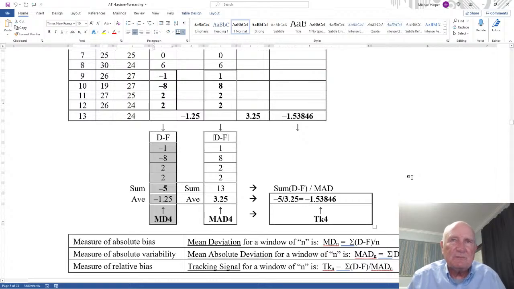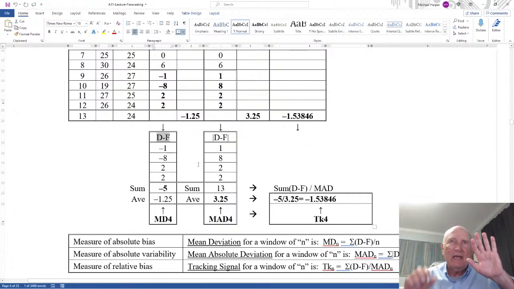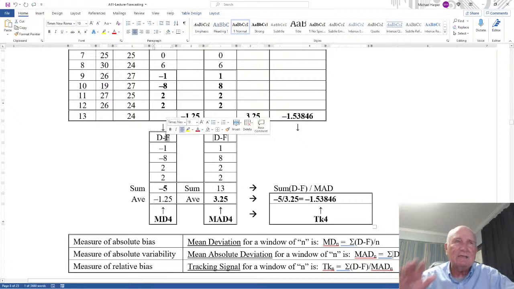So let's interpret this before we go on. Now remember, this is an average of the demand minus the forecast. Notice it's a negative number. So on the average, the forecasts here are slightly above my demand data for these last 4 values.